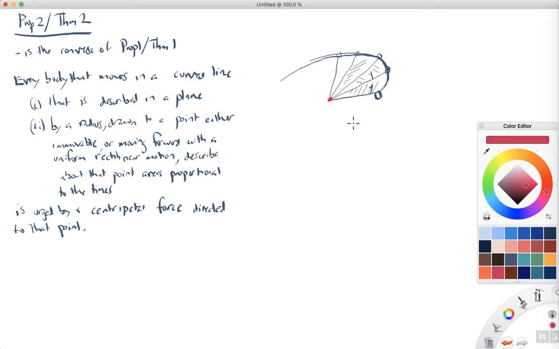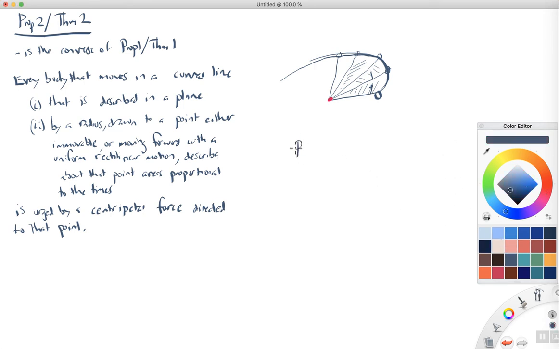Notice what he's doing here. In Proposition 1, Theorem 1, he said, what happens if there's a centripetal force acting on a body? Then we know it is going to stay in a plane and sweep out equal areas in equal times. In this proposition, he's saying, what if you see some object moving in a curve that lies in a plane, and it's sweeping out equal areas in equal times? Then we know it must be feeling a centripetal force.